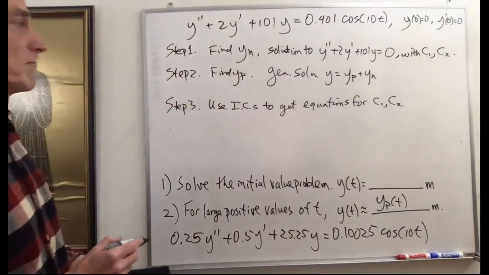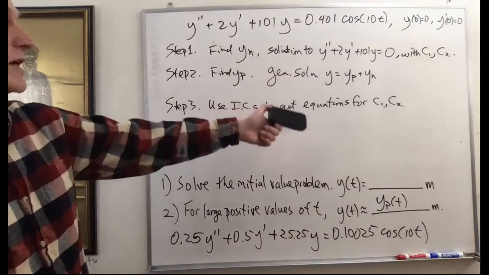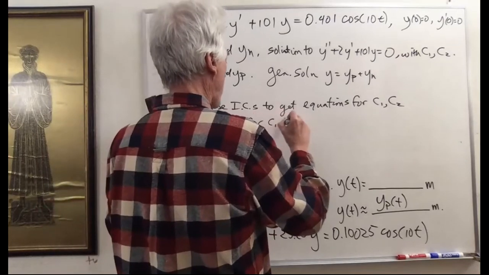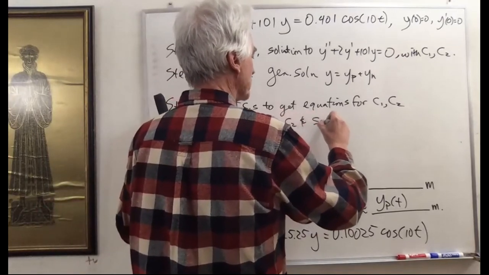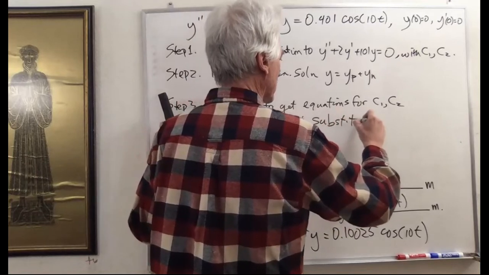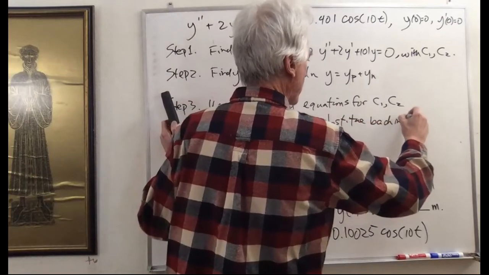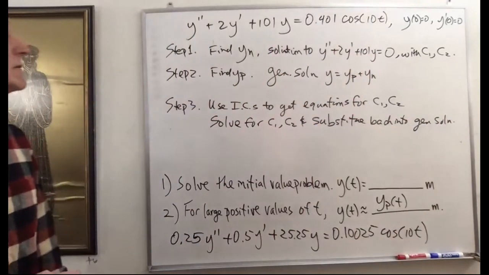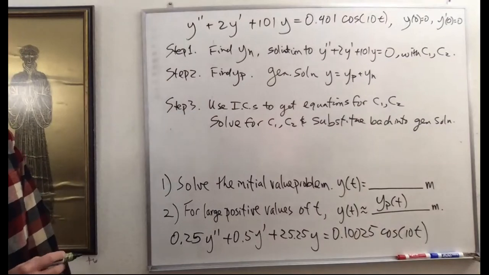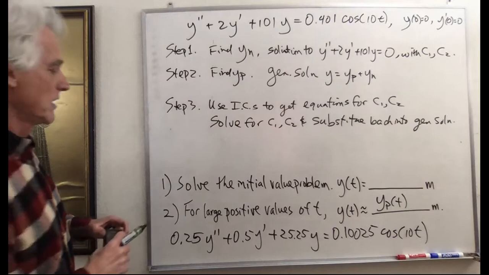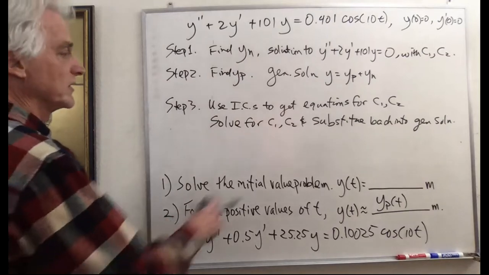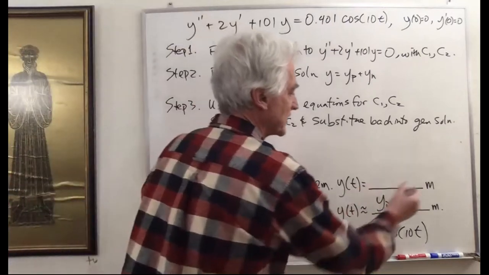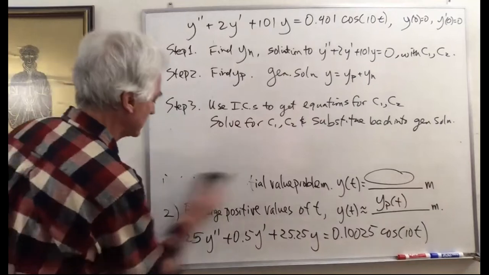So I'm going to get those two equations for C1 and C2, solve for them, and substitute back in. So we can pretty much get rid of everything. That final solution y to the initial value problem is going to go here, right? All right, so let's go.